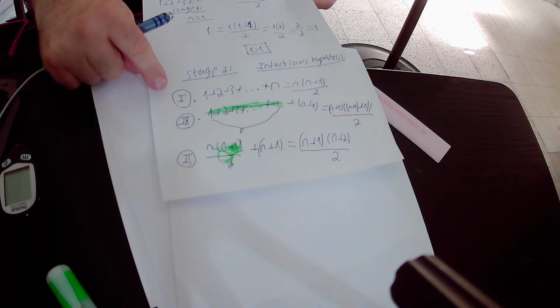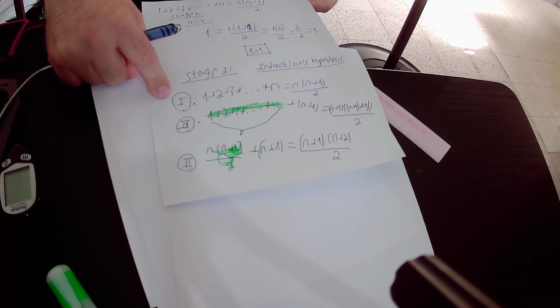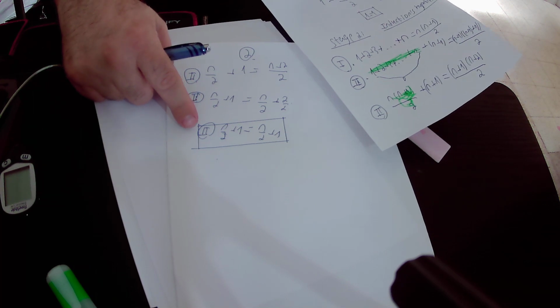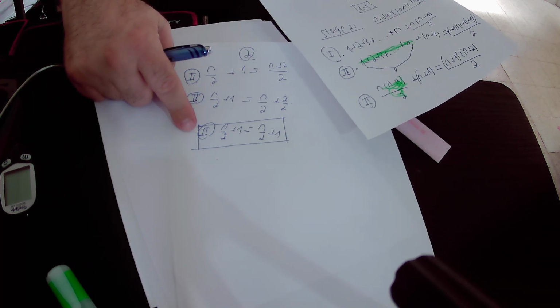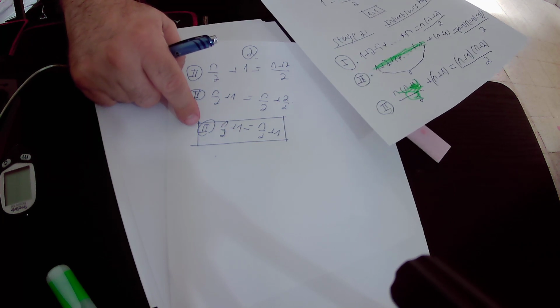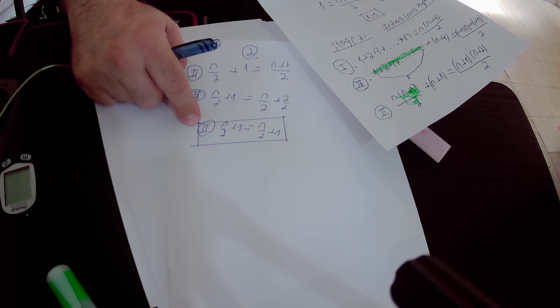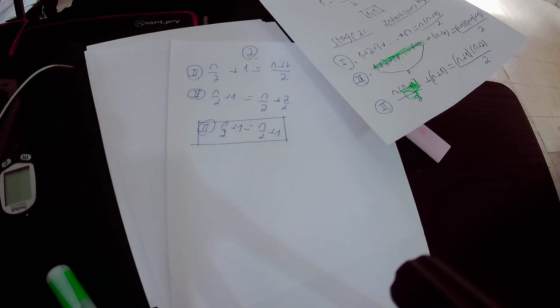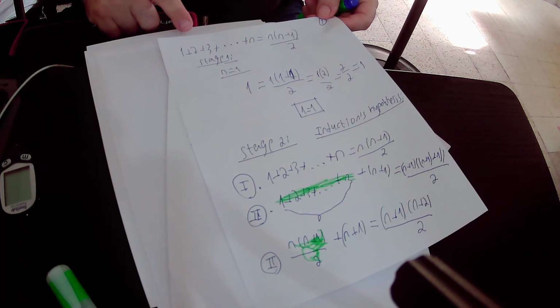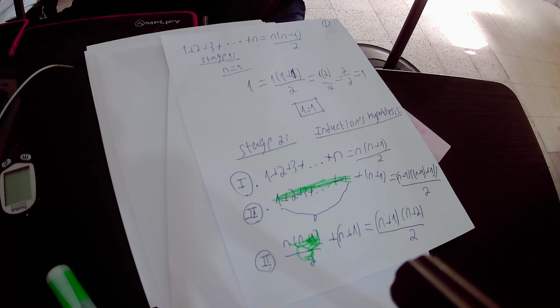We assumed that the expression is true for n, that is the first expression, and we proved that this expression is true for n plus 1. So in this way, we proved that this expression is true for all the natural numbers.